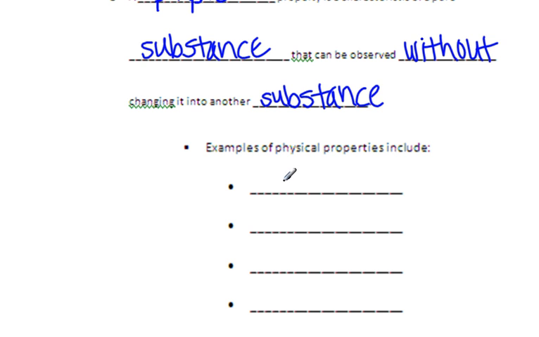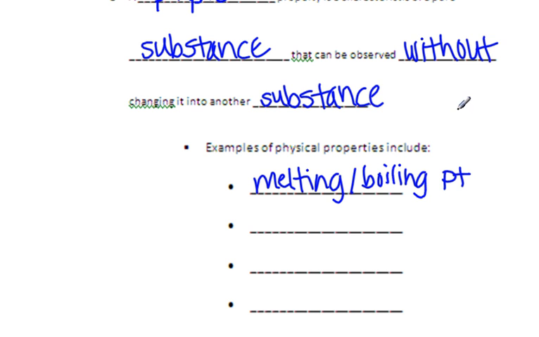So an example of a physical property would include your melting point or boiling point, okay? This could also be like states of matter, because when you talk about the states of matter and if it's solid, liquid, or gas, well, that's going to be based on its melting or boiling point most of the time, okay?